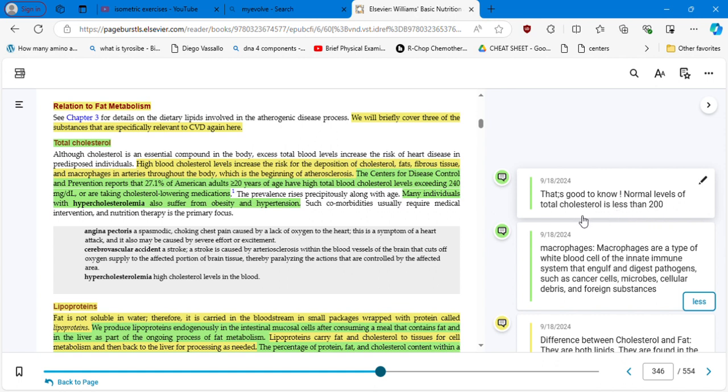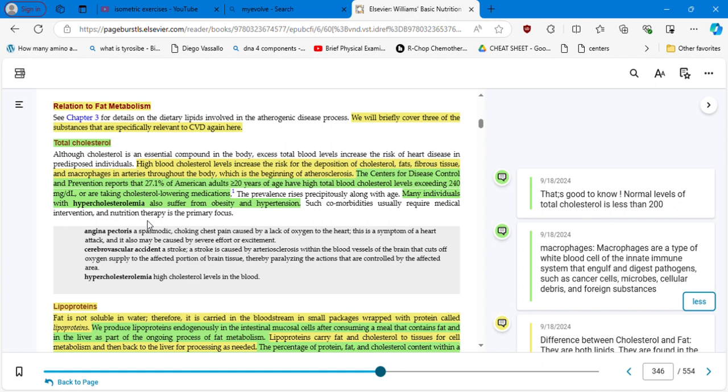Normal levels of total cholesterol are less than 200. So the CDC is telling you that 27.1% of American adults older than 20 years, so we are talking about young adults, are already having some kind of cholesterolemia, right? Or they are taking cholesterol-lowering medications.